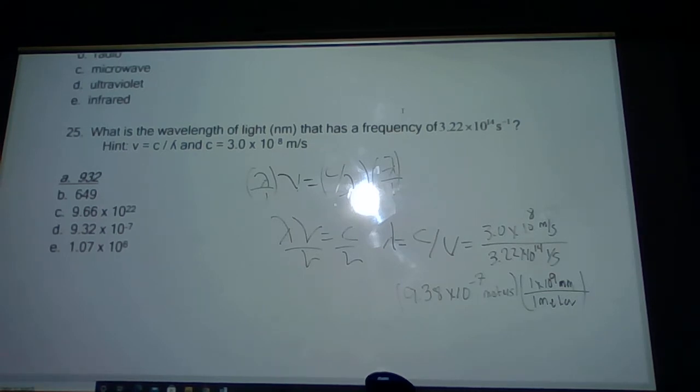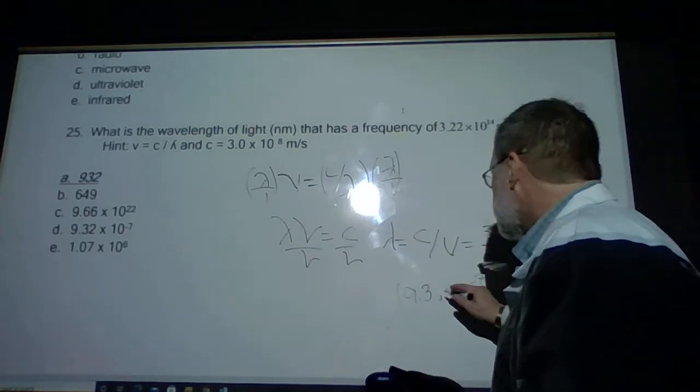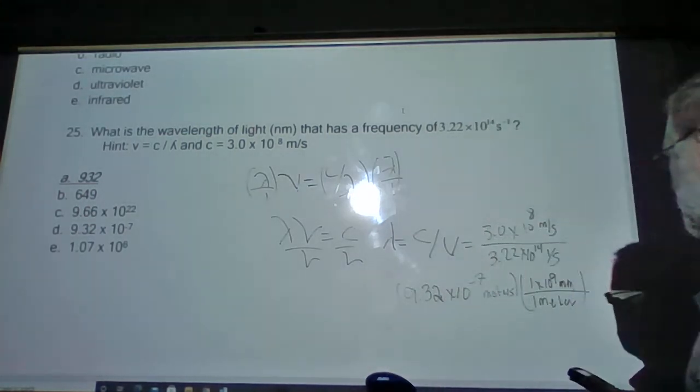Let me see, let's check my math here. 9.32.